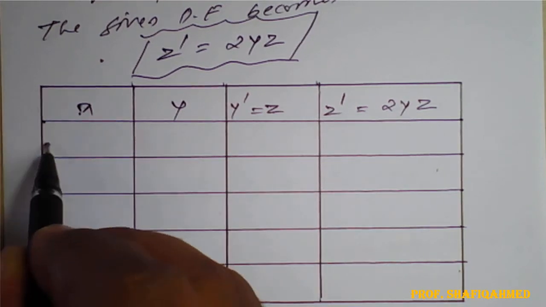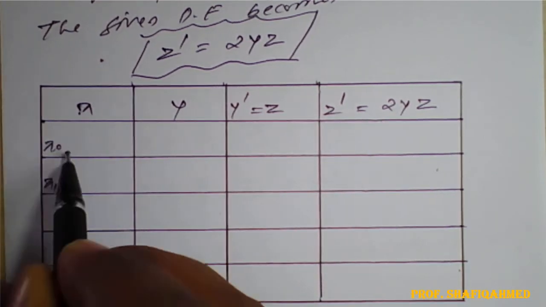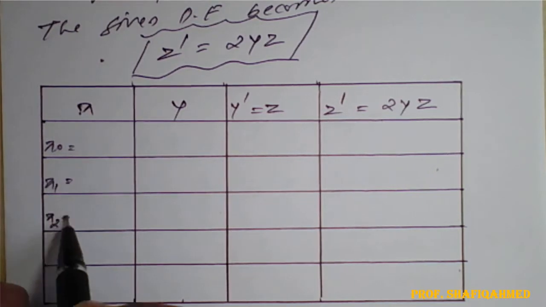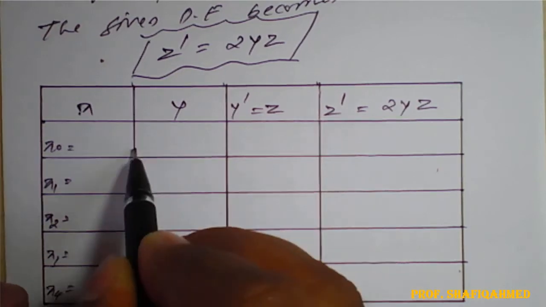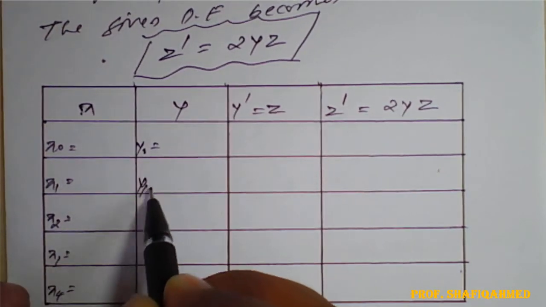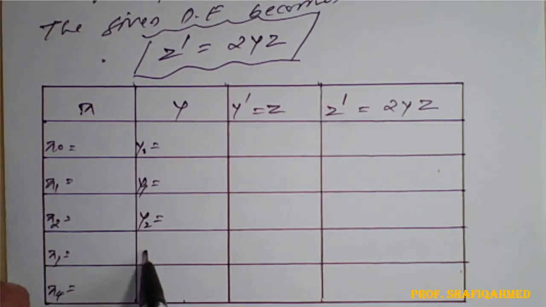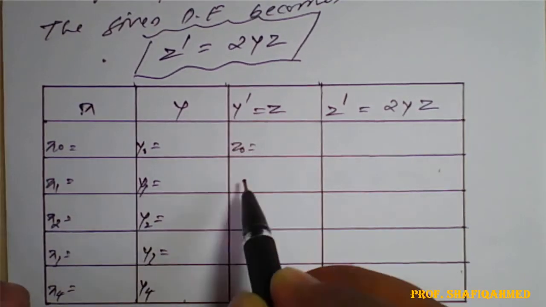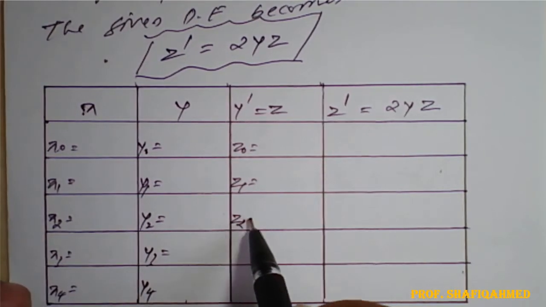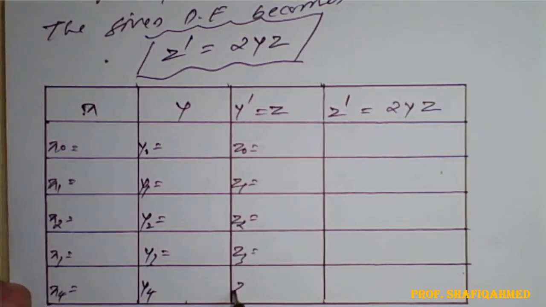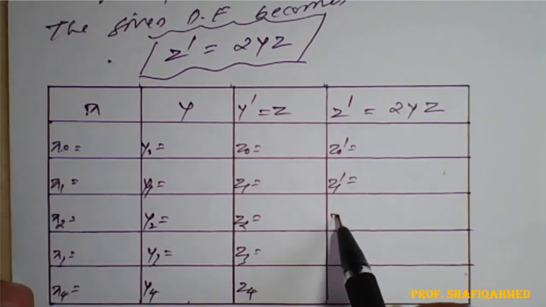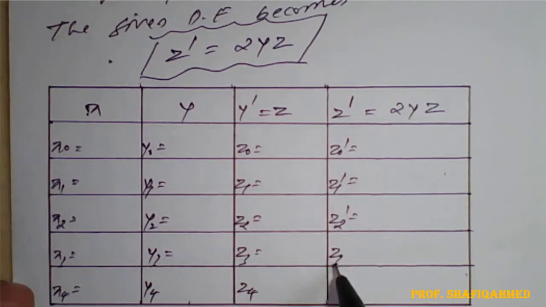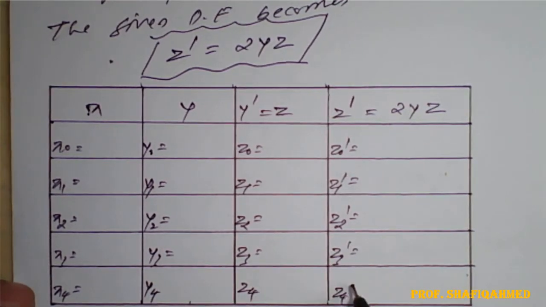Here we have x0, x1, x2, x3, x4 values. Similarly y0, y1, y2, y3, y4, z0, z1, z2, z3, z4, then z0 dash, z1 dash, z2 dash, z3 dash, and z4 dash.